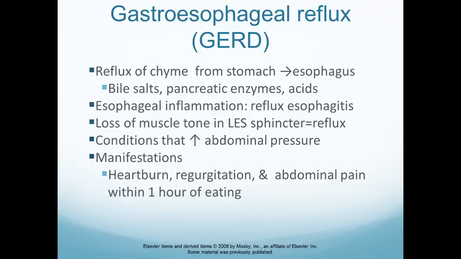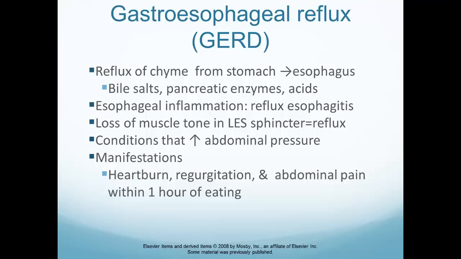A very common GI problem is gastroesophageal reflux disease, GERD. You may see this written in your textbook as GER or GERD, and it's a very common situation. There have been some estimates that about 70% of the population has some amount of GERD, some amount of reflux.